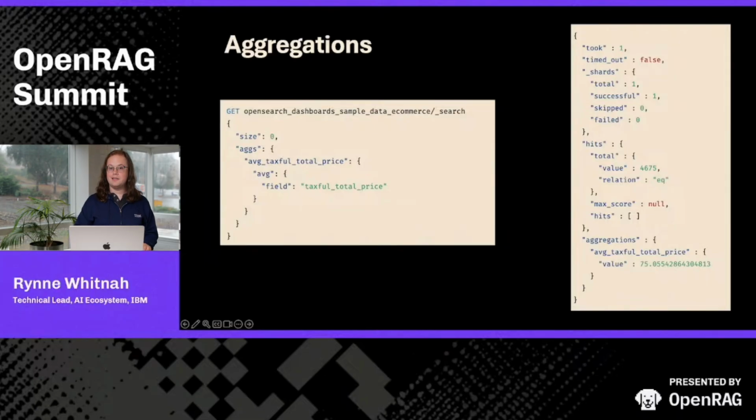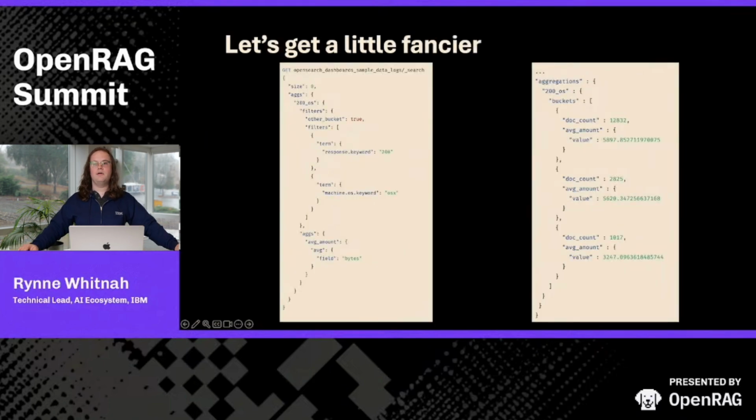But let's get a little fancier. So this is probably difficult to see at the Zoom level, but this is also available in the OpenSearch documentation. This is a combination of two queries. It is a filter query that is bucketing an aggregation. So it's saying, okay, I want all of the responses that were successful, a 200 success code, and all of the OS X operating systems to be two different buckets here.